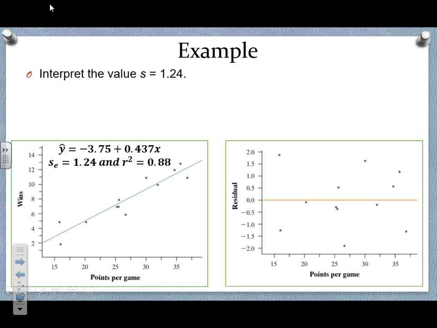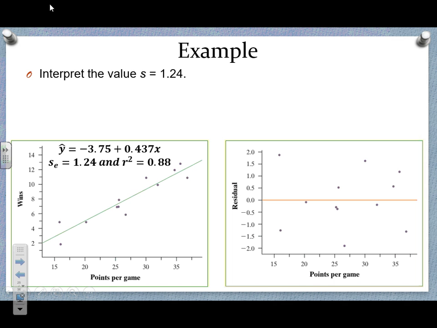All right, next thing, interpreting the value of S. Here's our standard deviation for our residuals, 1.24. Think back a couple slides ago. What did we say standard deviation told us? Spread around the average. Yeah, the typical prediction error.